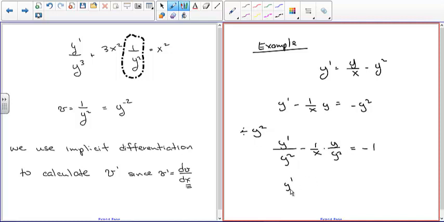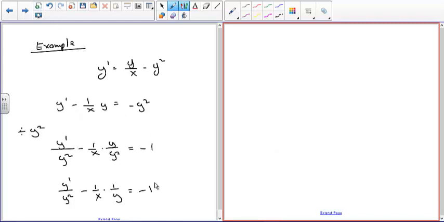I'm going to go ahead and simplify the second term here. So y divided by y squared is just 1 over y. Okay, now this term that involves y we're going to call v. v is equal to 1 over y.